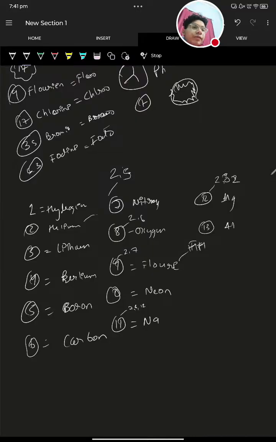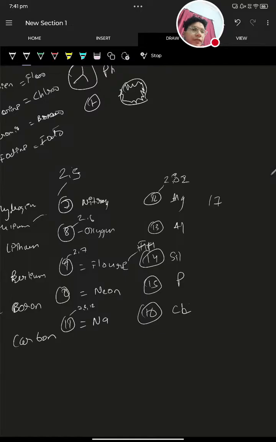Then aluminum, then silicon, phosphorus, sulfur, chlorine.